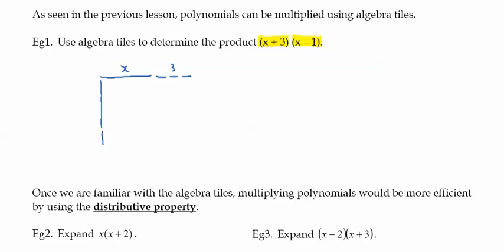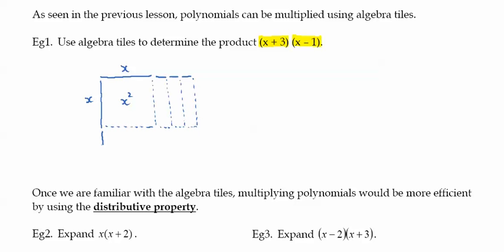Positive x plus 3. So we are going to see algebra tiles that come with x squared, 1x, 1x, 1x. These are positive tiles, with each of them giving us 1x for its area. How do I get 1x?